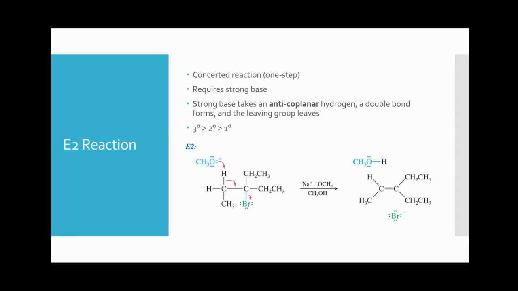And then the other reaction, E2, is kind of like SN2, where it's a one-step reaction. You need a strong base. You also need an anticoplanar hydrogen to form that double bond as the leaving group leaves. And here it favors tertiary, then secondary, and then primary.